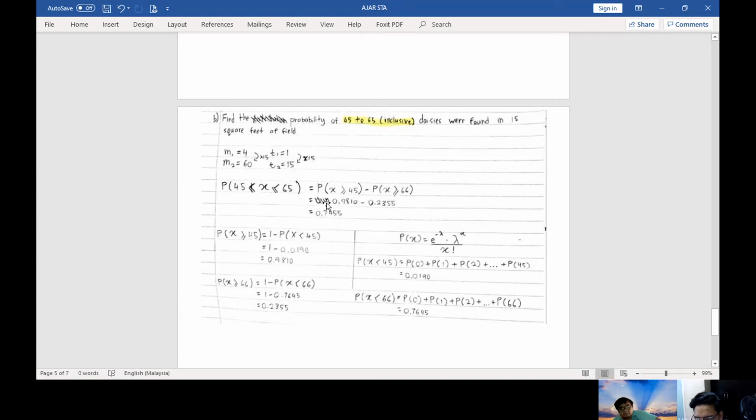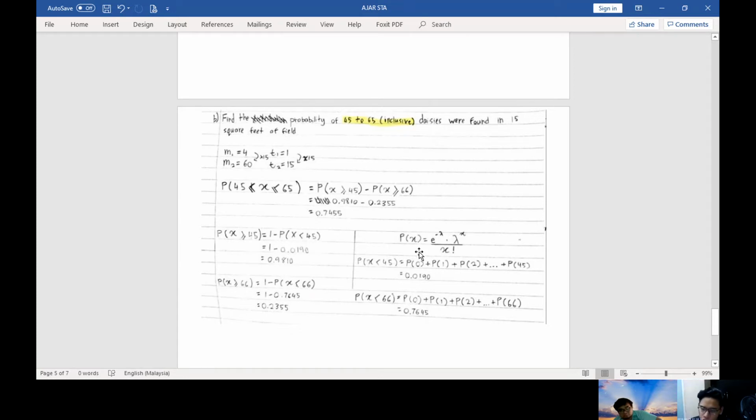Now we need to find the value for P(X more than or equal to 45). How do we find this one? We need to use another formula, which is 1 minus P(X less than 45).